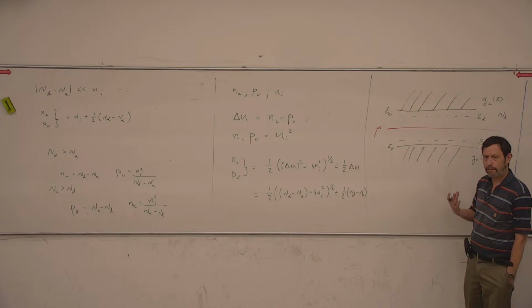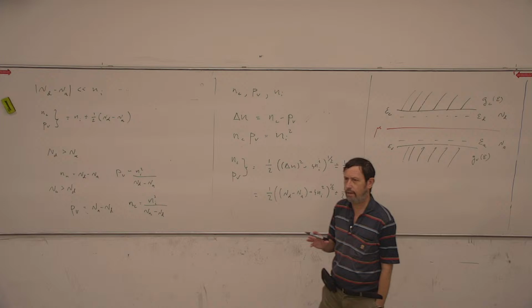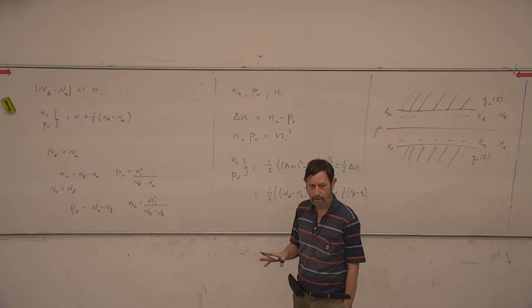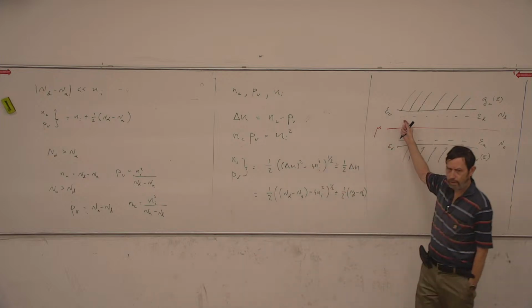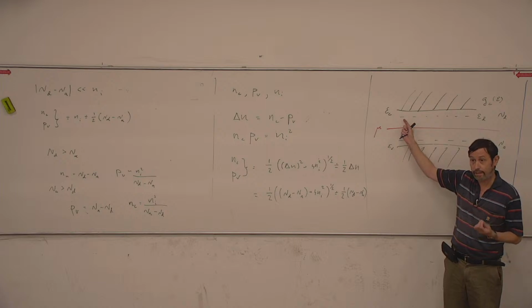Now you can stop me and say, I'm sorry, I don't understand. This is lower energy. Why wouldn't they just stay there? But we're discussing here finite temperature. And in finite temperature, you also have considerations of entropy.